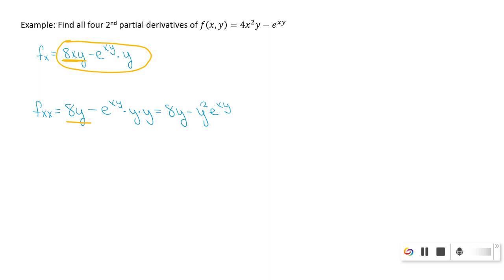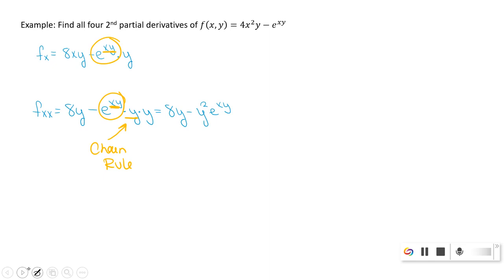And then for the second term, we are going to use that chain rule again. So we have e to a power. So I'm going to get e to a power. And then we're taking the derivative with respect to x. So the derivative of xy is y. That's my chain rule. And then this other y just stays there.